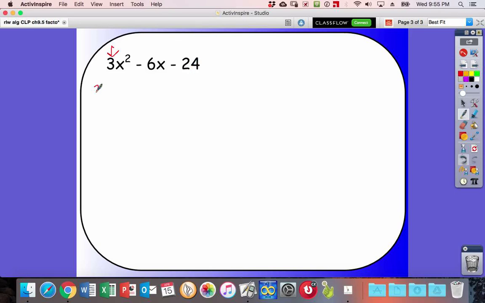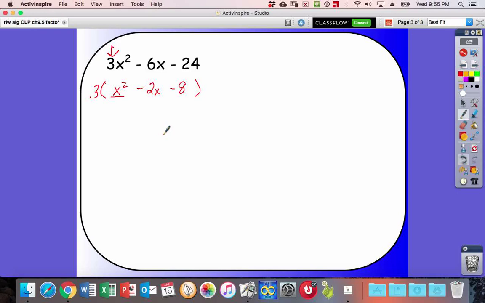I'm going to take a 3 out. 3 times what gives me 3x squared? x squared. 3 times what would give me a negative 6x? How about a negative 2x? 3 times what gives me a 24? If I distributed that 3, I would get 3x squared, negative 6x, negative 24.